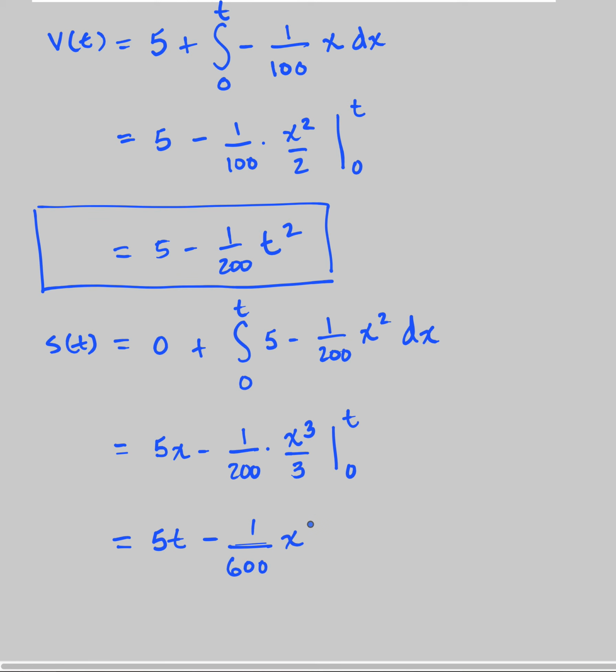We will have x cubed, but when we replace the x with a t, we will end up with a t cubed, and that is it. That will be our position function as a function of t.